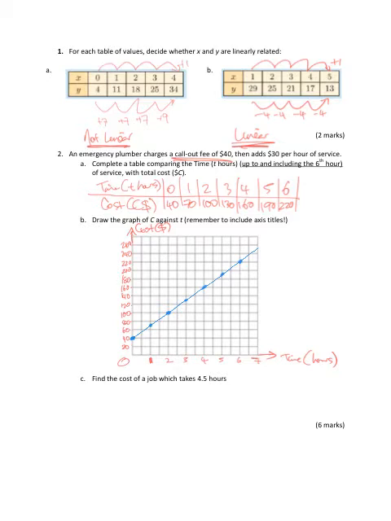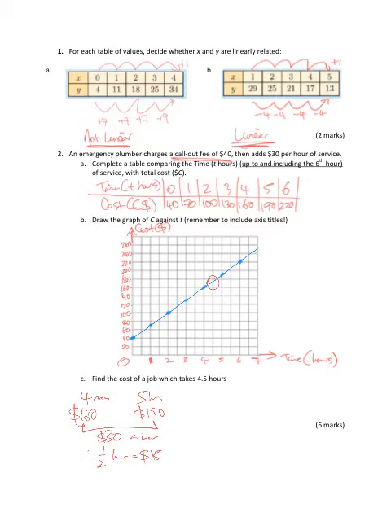So you could use the graph here if it's drawn accurately, but we haven't established that. It's not a straight line. So what you can do is 4 hours is 160, 5 hours is 190, so that's $30 an hour. Therefore, half hour equals $15.